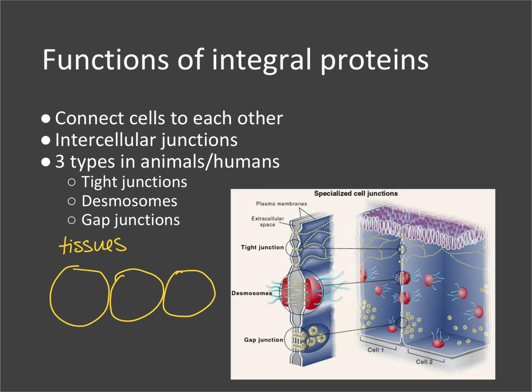In order to do so, they have to be connected to each other. Sometimes those connections are just involved in holding them together. Other times they allow the cells to communicate with each other. We're going to talk about these different types of intercellular junctions on the next couple slides.